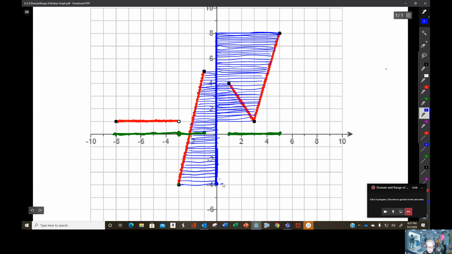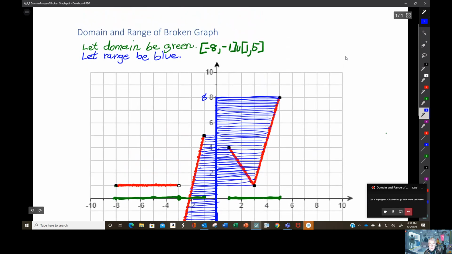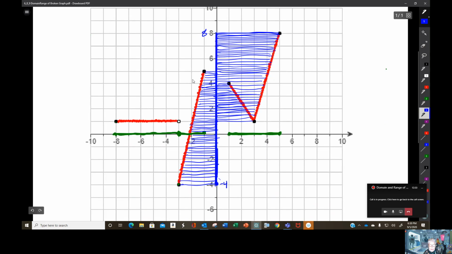From -4 to +8. So your range isn't complicated at all. Goes from -4 to +8. And I'm using brackets on all of these because the endpoints have solid colored endpoints.